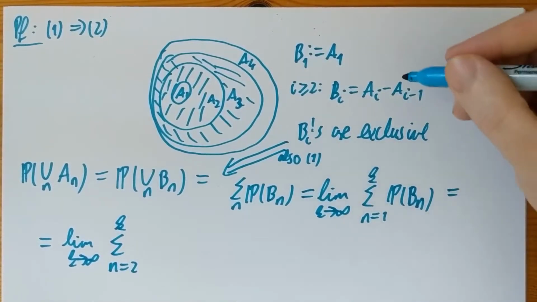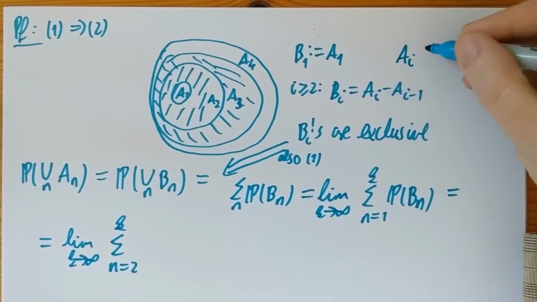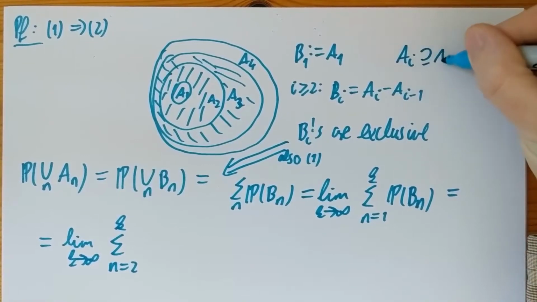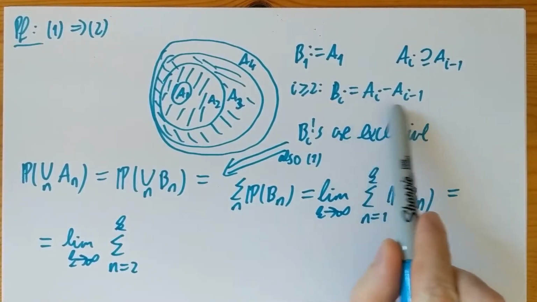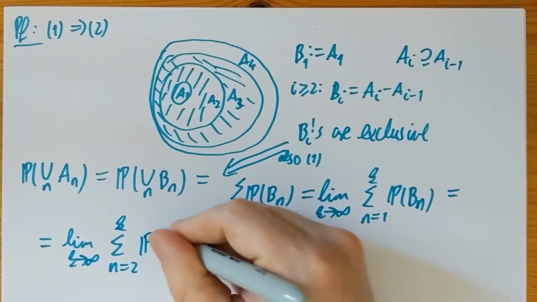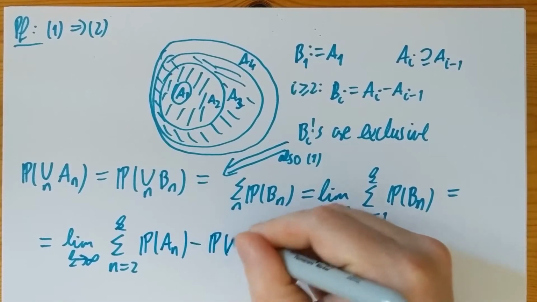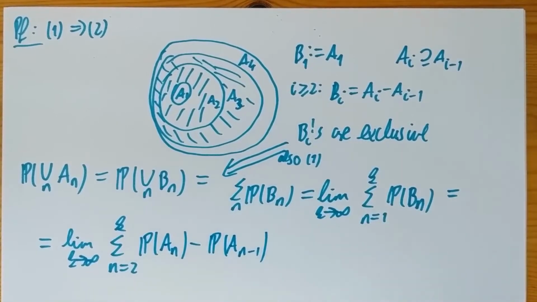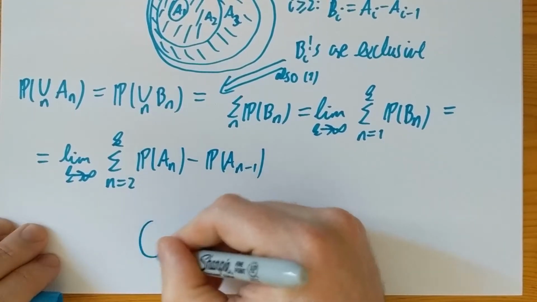And notice that Ai is entirely containing A(i-1), because it's an increasing system of events. And therefore, if I look at the set difference of these events, then the probability of that is going to be the difference of the probabilities between An and A(n-1). So again, if one draws a picture, then this becomes quite clear. So here is A(n-1).